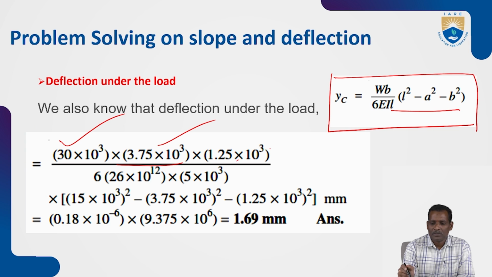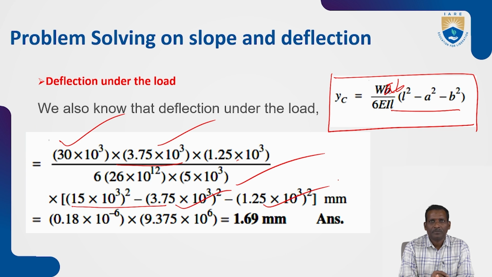So in this problem, we need to write WAB divided by 6 EIL into L square minus A square minus B square. Clear?